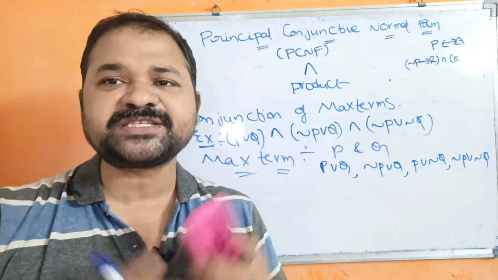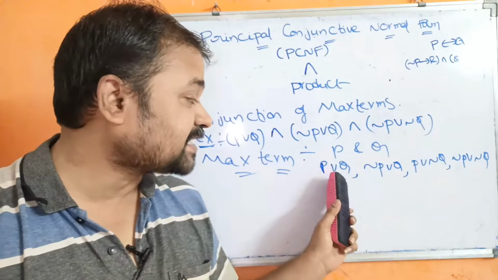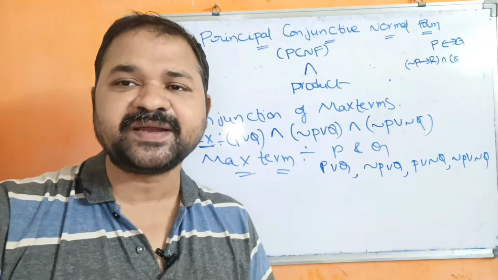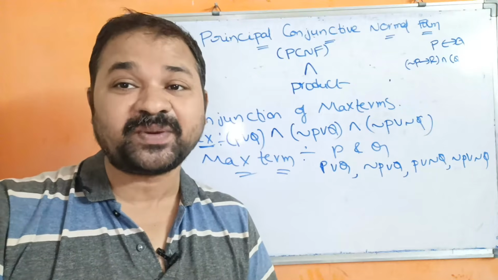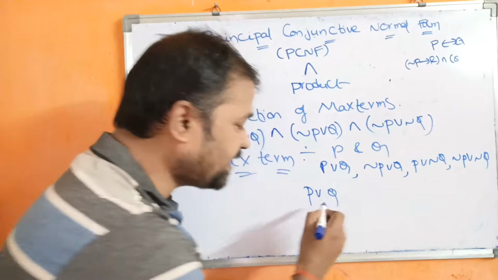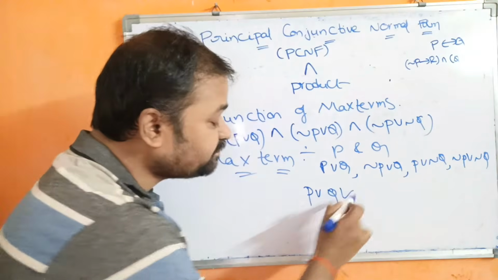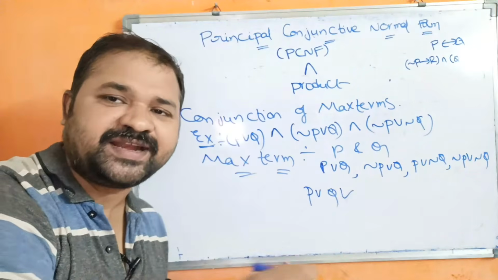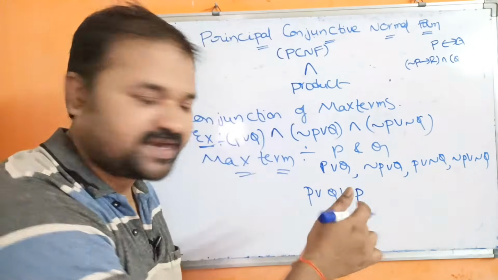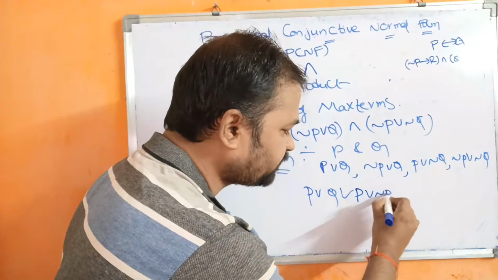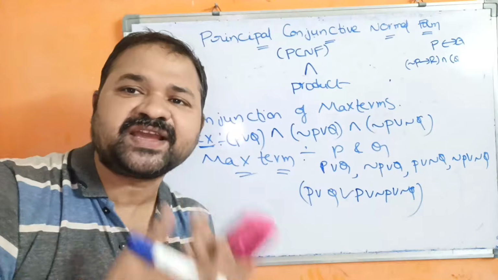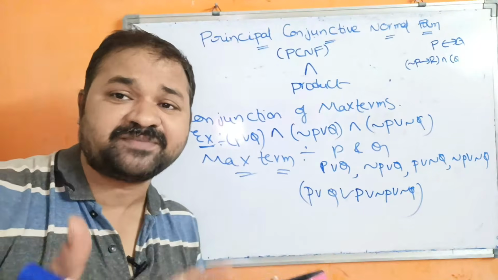Let us see what is the difference between an elementary sum and a max term. Elementary sum is nothing but performing the disjunction operation on the propositions. Elementary sum means we can repeat a variable, we can repeat a proposition several times, like P several times, or negation P or negation Q. There is no problem.